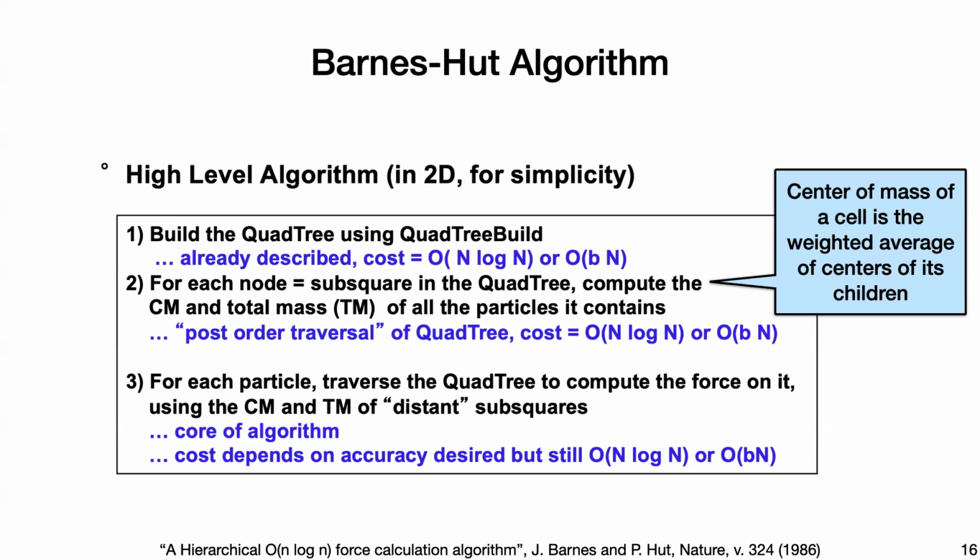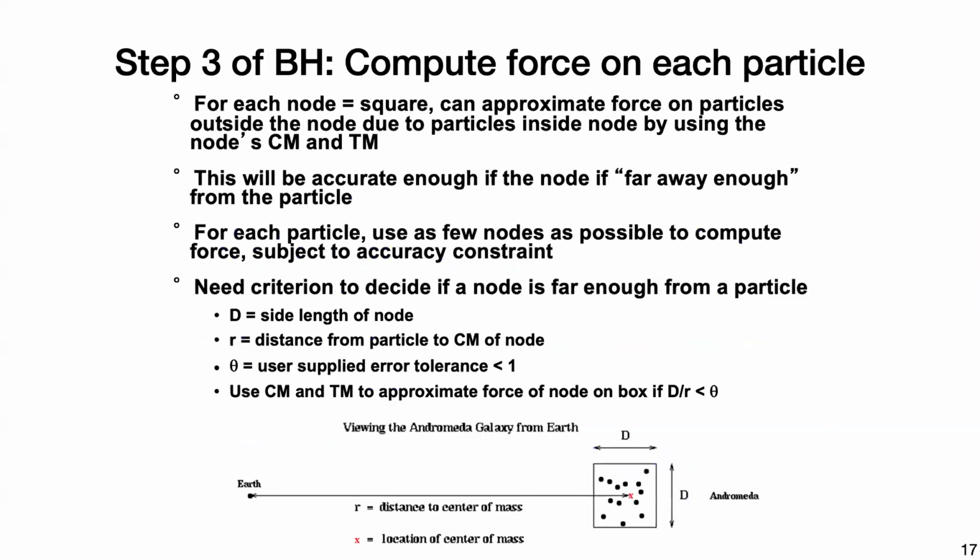The last part is the new thing: for each particle, we use this preprocessing to compute the force on it using the faraway approximations of center of mass and total mass. The exact constant depends on the accuracy, but it's bounded above by n log n. So this is step 3.